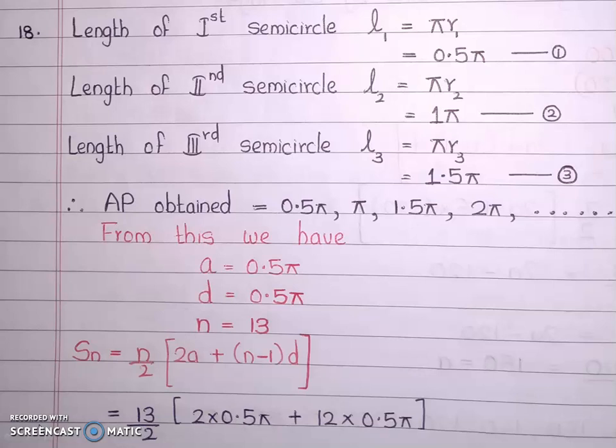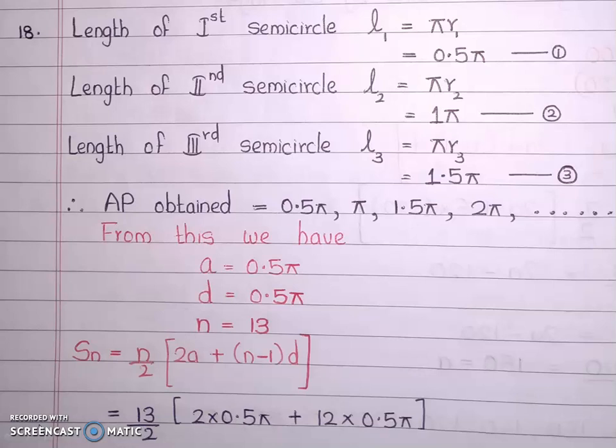Students, you should have your textbook with you, page number 114. You can see a figure there. Each semicircle's radius is given in your question. So what is the length of one semicircle? Length of one semicircle is half of the circumference of a circle.